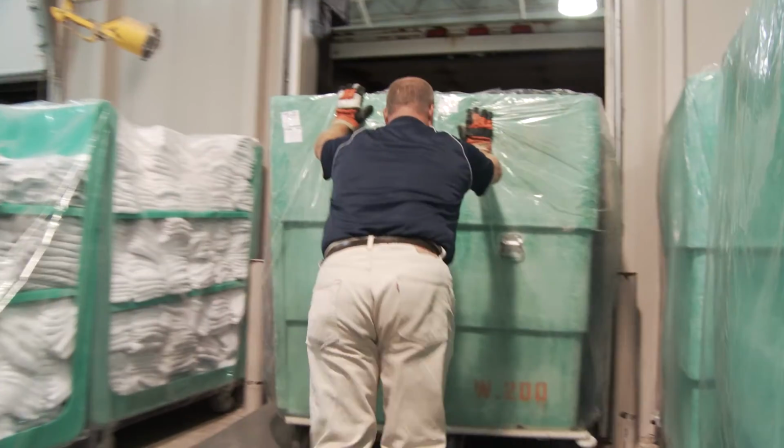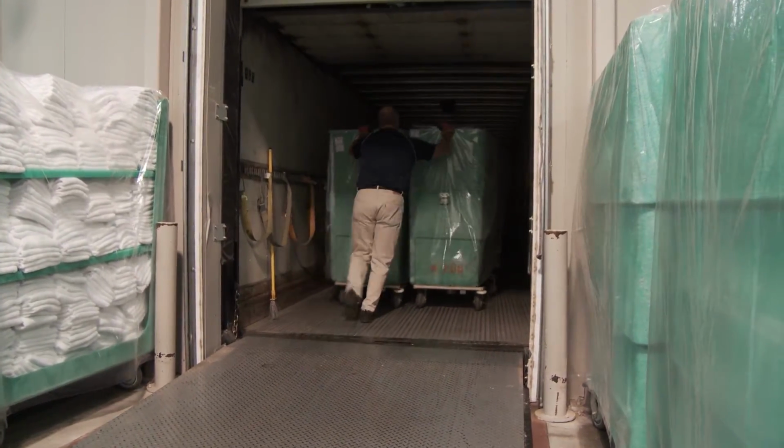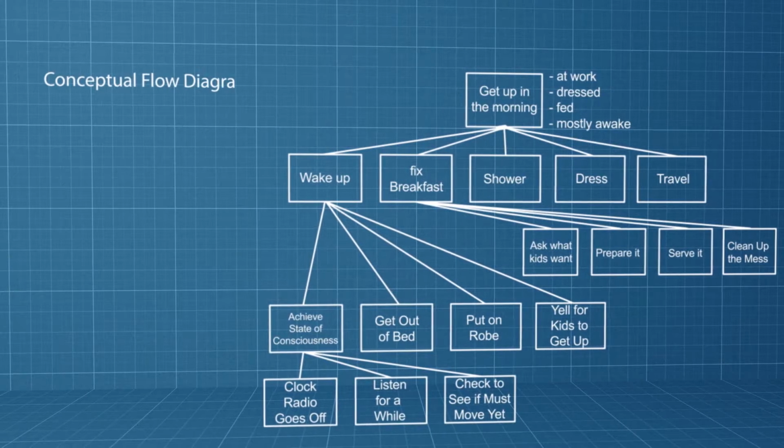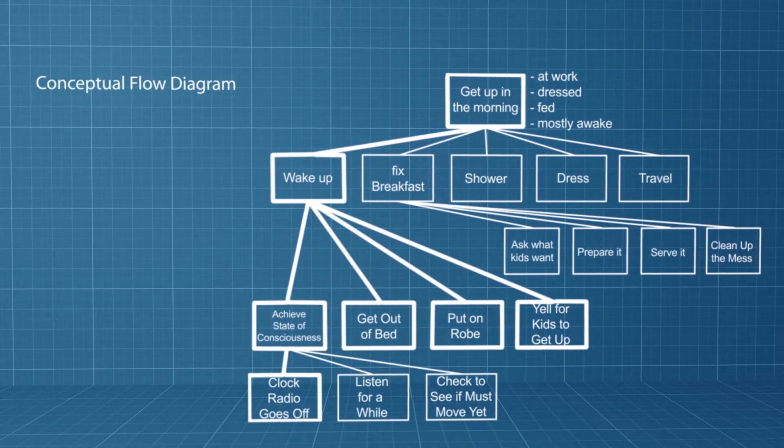The idea of process lays the foundation for data-based problem solving. Quality improvement is the science of process management. It is a proven set of tools to document, measure, design, and systematically improve processes. People often use flowcharts to show how processes function and fit together.